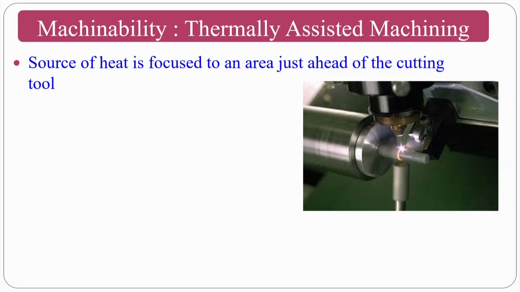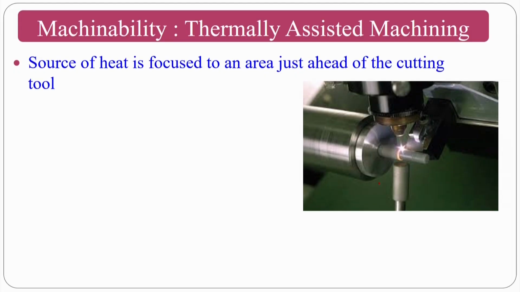Just I will talk, if the ceramic is there, I bombard it with thermal energy, that means a laser, and make the ceramic material softer, then I will cut using a single point cutting tool. Okay. So the laser is falling here. If you see here, the laser is falling and the single point cutting tool is turning.